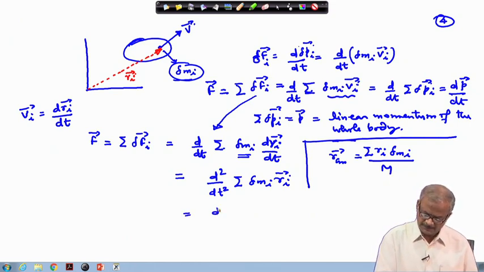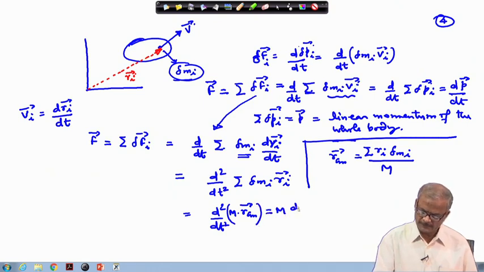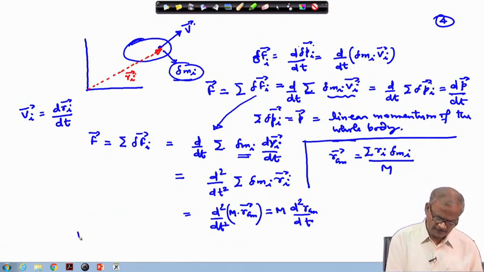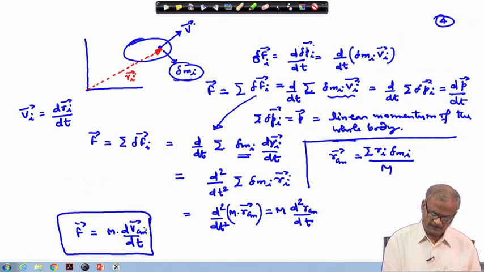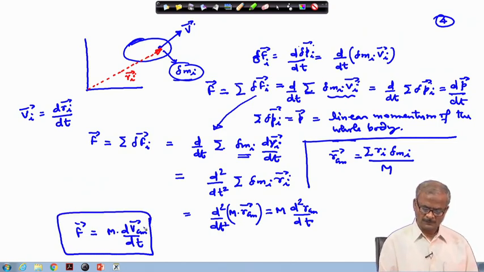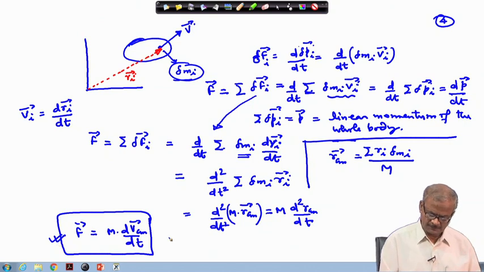So, this can be written as d square m times r c m by dt square, which can be reduced to m times, which you often write as m times a c m. Okay. So, this is the equation of motion.